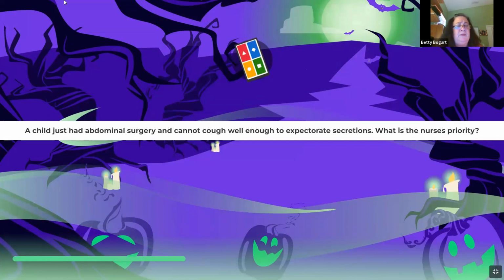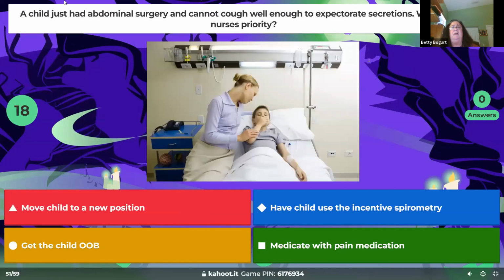A child just had abdominal surgery, cannot cough well enough to expectorate secretions. What is your priority now? I mean, we got to get those secretions out. We're going to end up with pneumonia. Now we're going to have more problems as part of post-op care, right? Prevention of atelectasis and emboli.